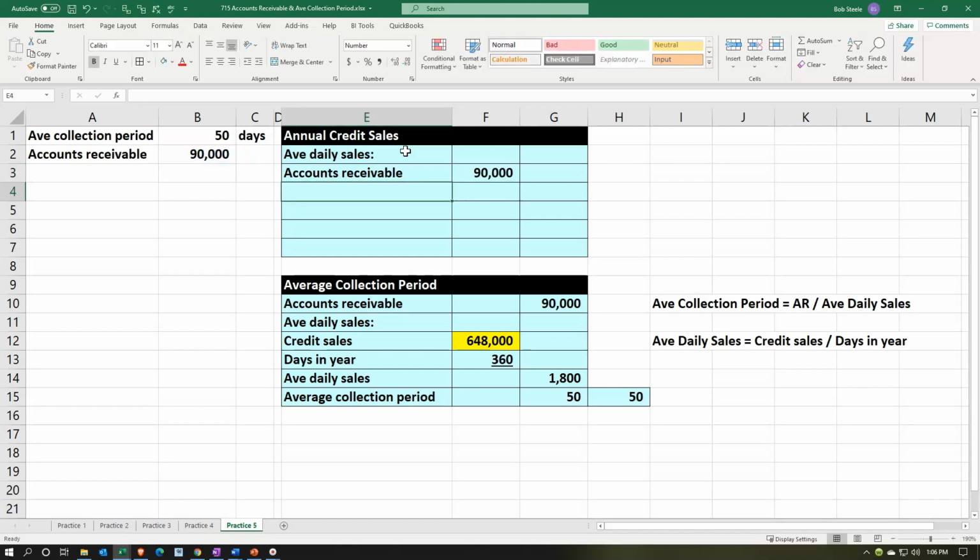The average collection period is going to be equal to the 50. Let's put an underline here by going to the Home tab, Font Group, and Underline. And this is going to give us our average daily sales. And we'll put that on the outside. That's going to be the 90 divided by the 50. So we get our calculation here, the 1/8.